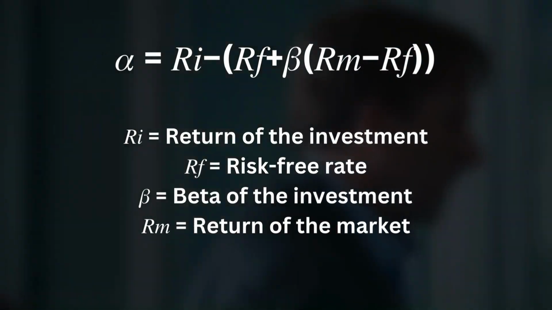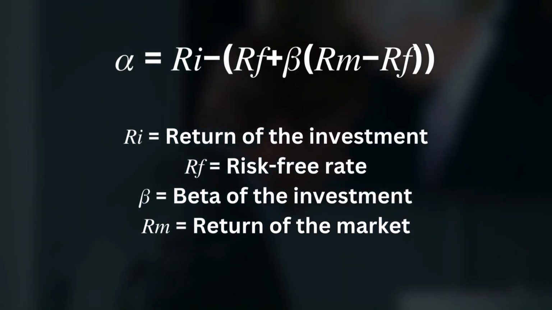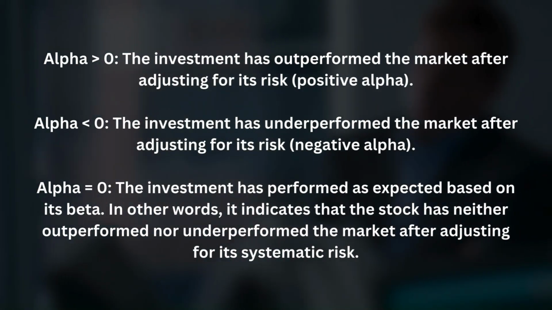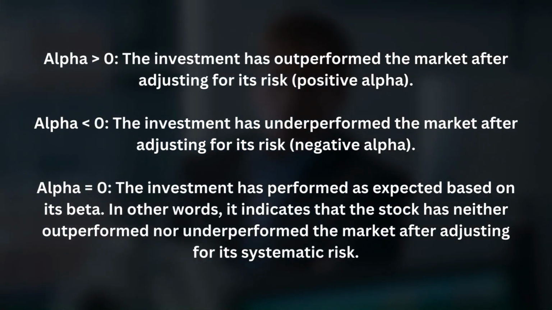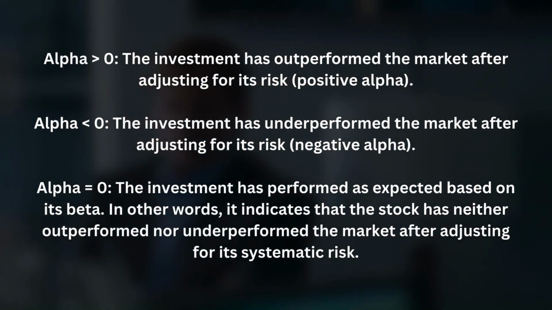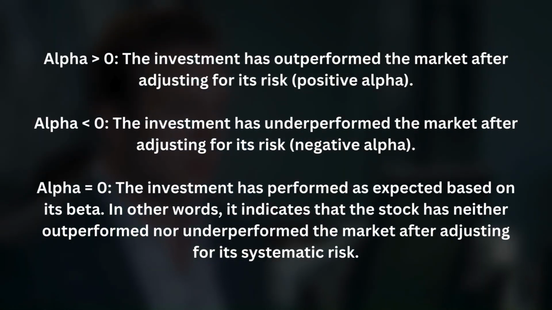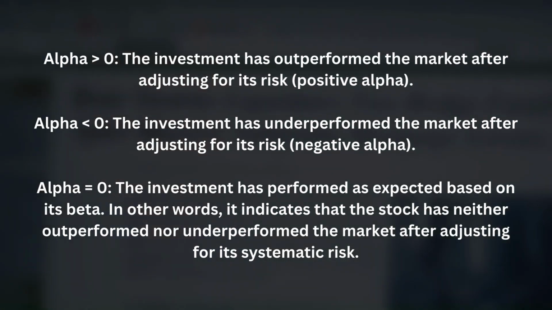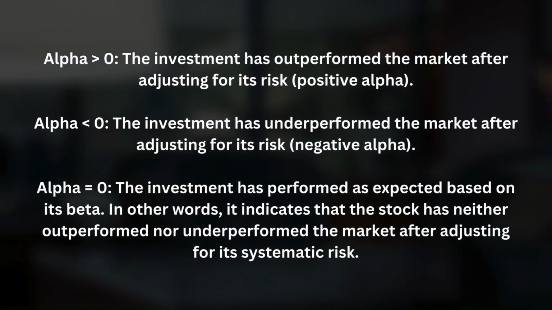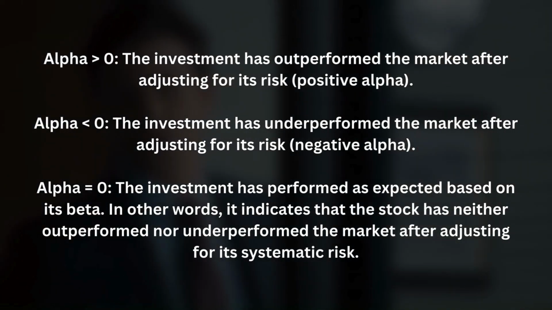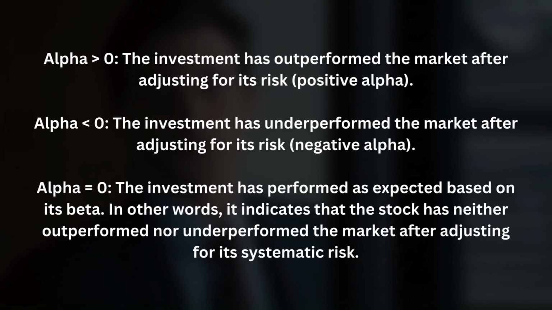The interpretation for alpha is: if alpha is greater than 0, the investment has outperformed the market after adjusting for its risk, positive alpha. Alpha that's less than 0, the investment has underperformed the market after adjusting for its risk, negative alpha. Alpha equals 0, the investment has performed as expected based on its beta.